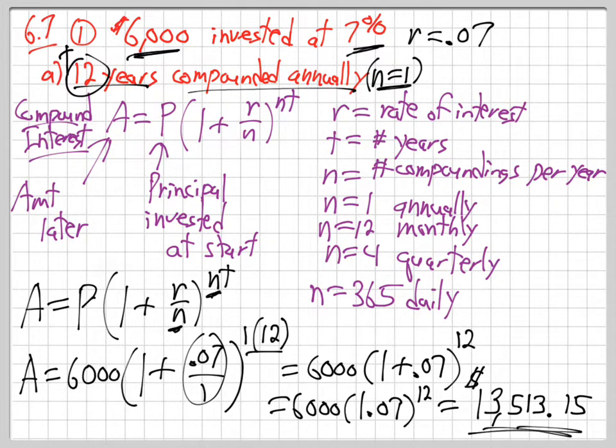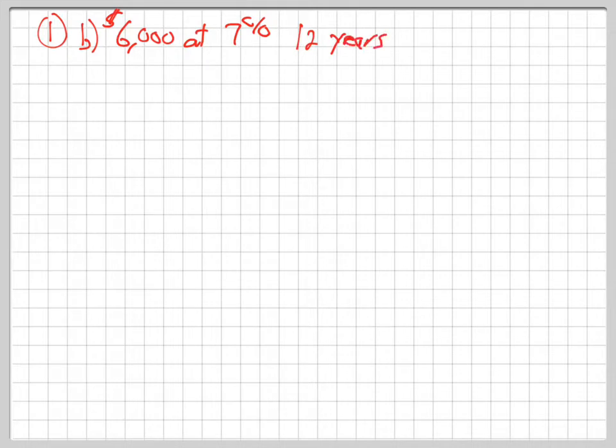Let's go on to part B. So part B, we're going to use the same formula. We're still on number 1 here. Part B, we're doing $6,000 at 7%, 12 years, and then the part that's new on this one is the fact that they say compounded quarterly.